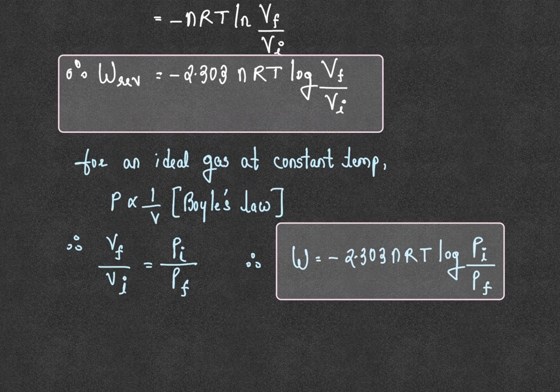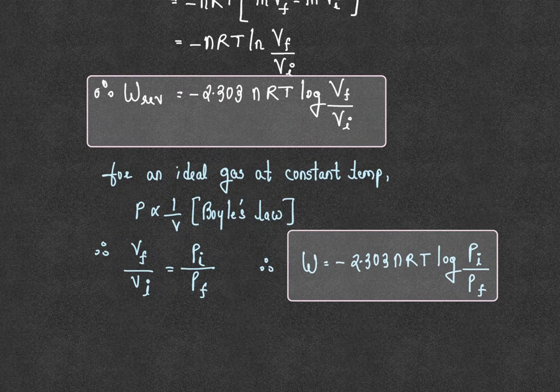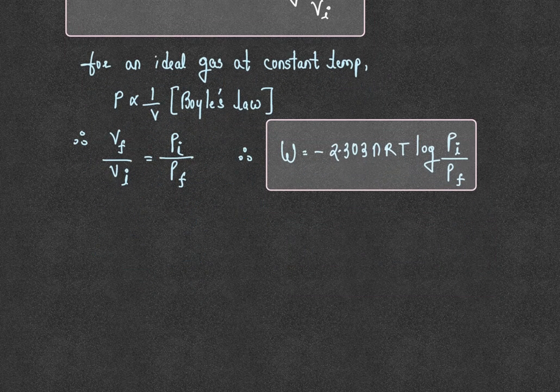So for reversible work, the equations that we have are minus 2.303 nRT log PI by PF or VF by VI. Now, if you talk about how the graph looks like, the graph would look like this when you are doing compression.